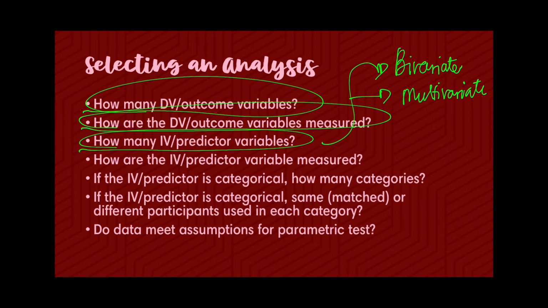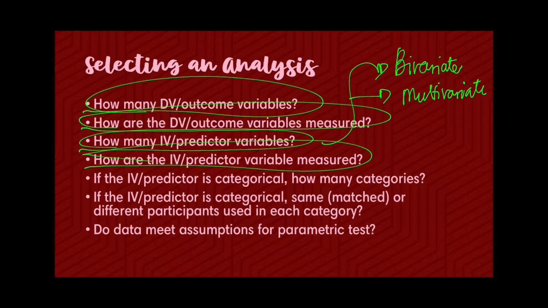And the next, also very important, is the nature of the independent variable. So, like I said, we'll be working mostly with continuous outcome variables. But for independent variables, most of the time we'll be working with different types of independent variables.